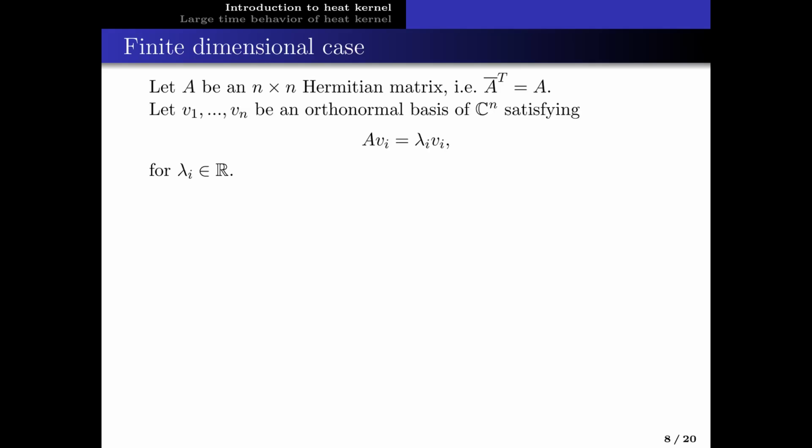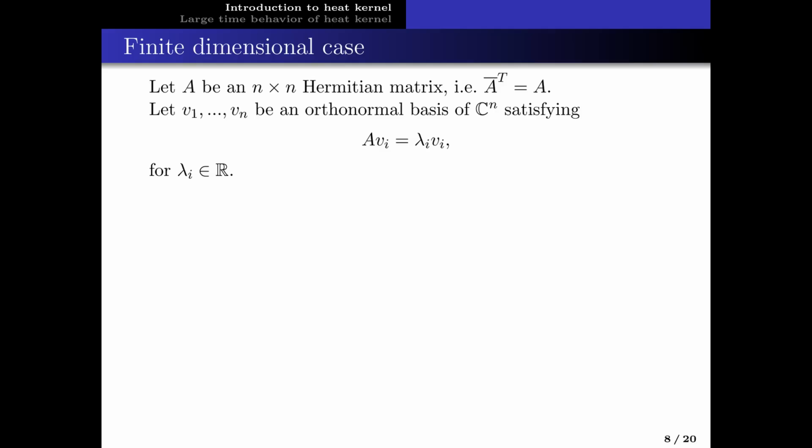That's the property of a Hermitian matrix. We learned from linear algebra that a Hermitian matrix can be diagonalized. I can have these eigenvalues and eigenvectors.